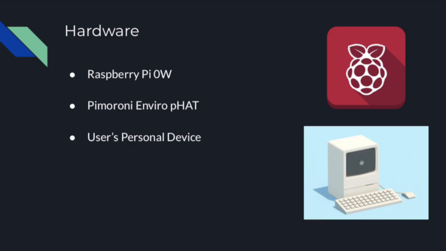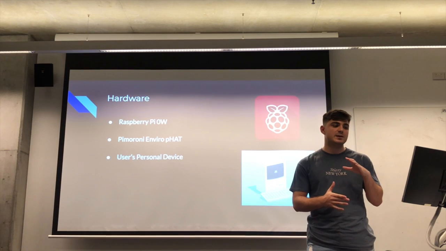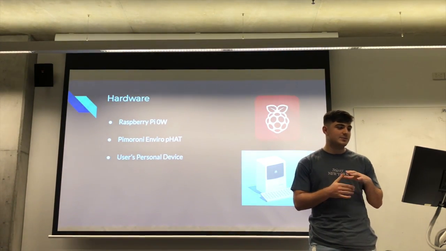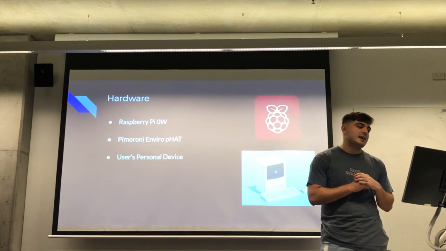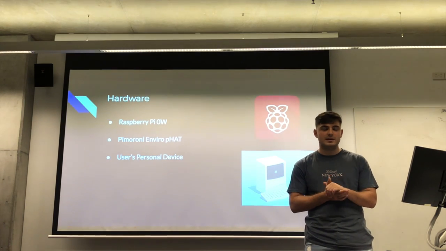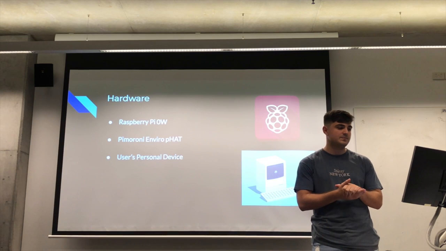So these are our hardware considerations, and the first one is the Raspberry Pi Zero Wireless, which is the main component of our fire detection device. The Pi is the backbone of this project because this is where all the inputs and outputs are gathered and processed, and where all computing is completed. Our second hardware consideration is the Pimoroni Enviro pHAT, and this device is going to be used to capture the environmental data.